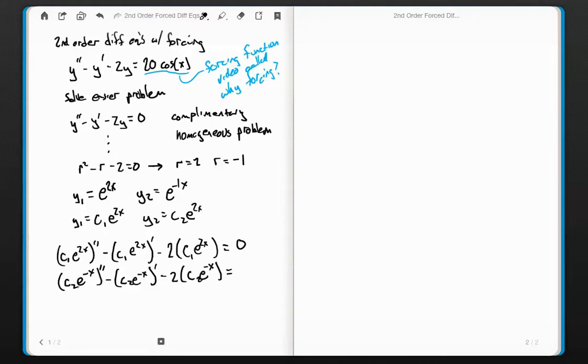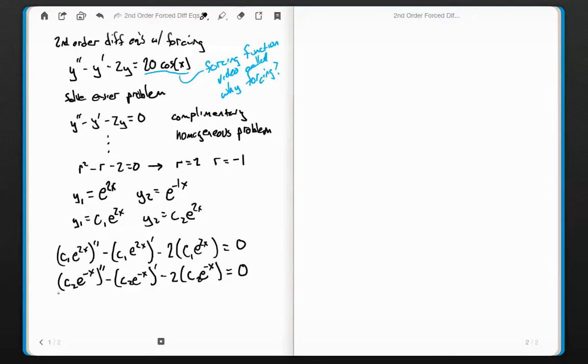What does this equal? The negative comes out twice, that stays positive, so positive C2 minus a C2 gives me minus positive, this becomes positive, so that becomes 2 C2s minus 2 C2s. Oh, how about that? That equals 0 too.